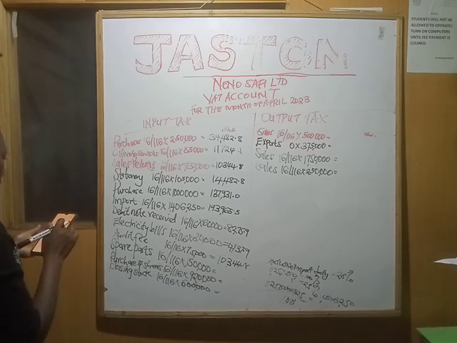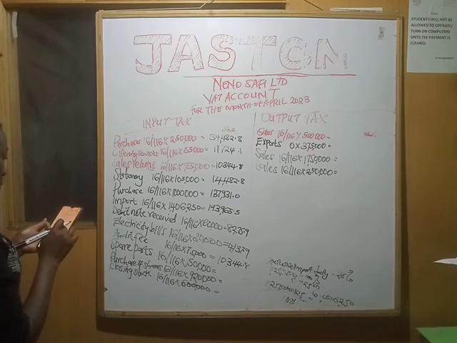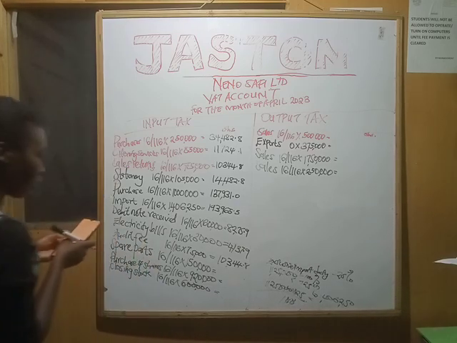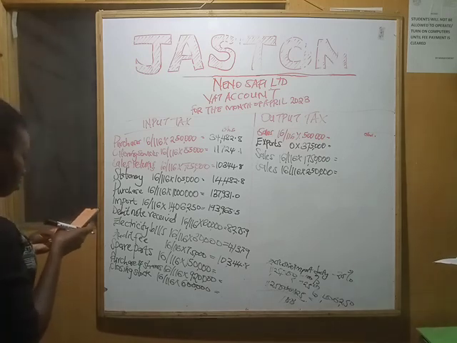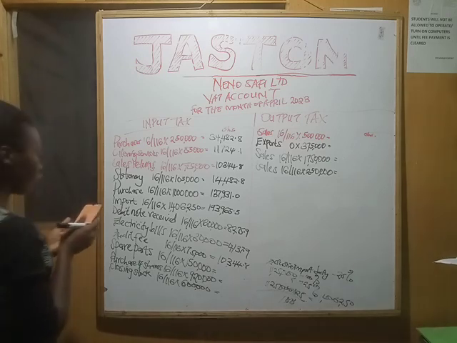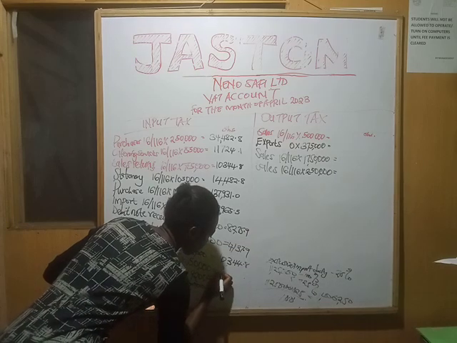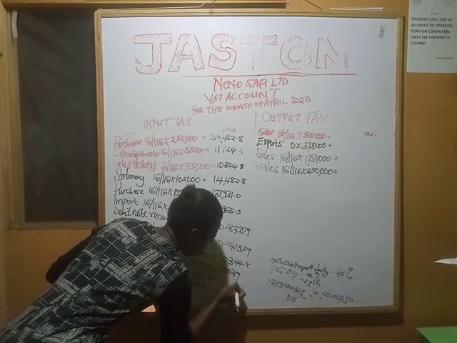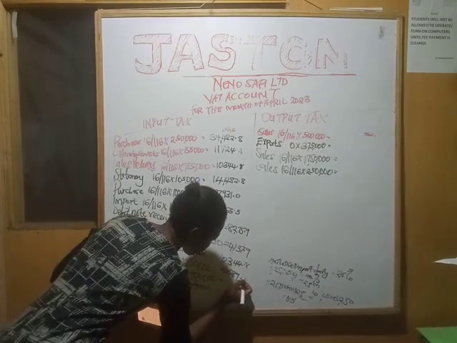We have 16 divided by 116 multiplied by 150,000. 20,689.7.